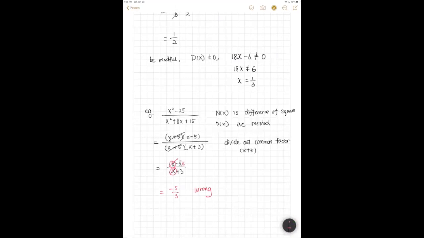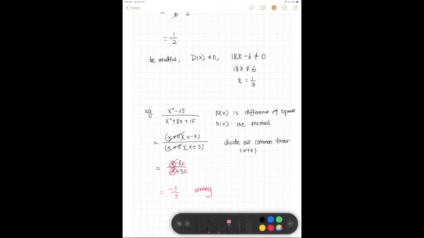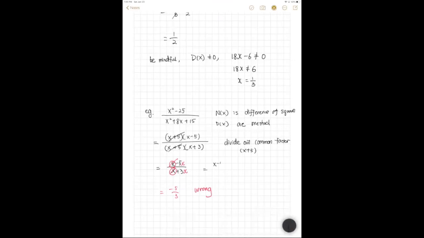If I have an x for the 5 and then another x times the 3, then you can reduce the x. But we don't have that, so you can't do that. This is wrong. Your final answer should be what? x minus 5 over x plus 3. Okay? So that's it for chapter 7.1, and we will continue with 7.2.